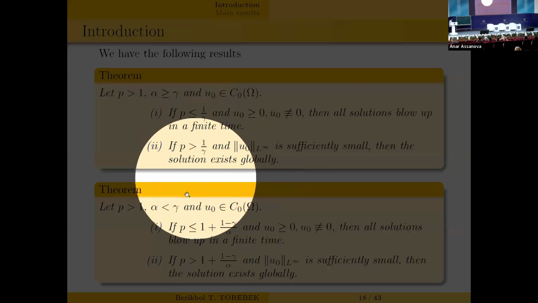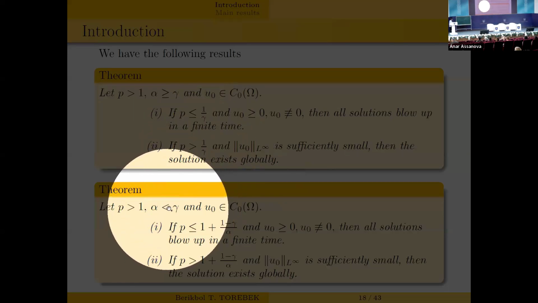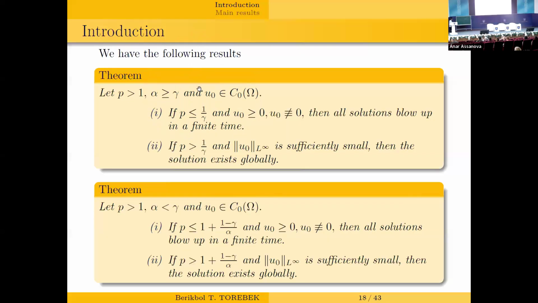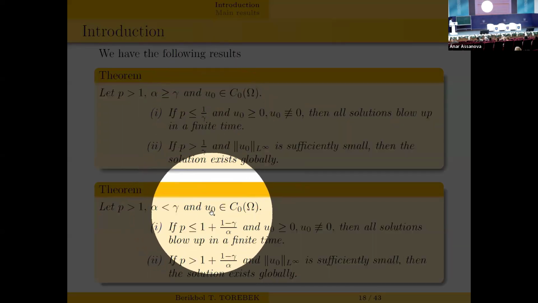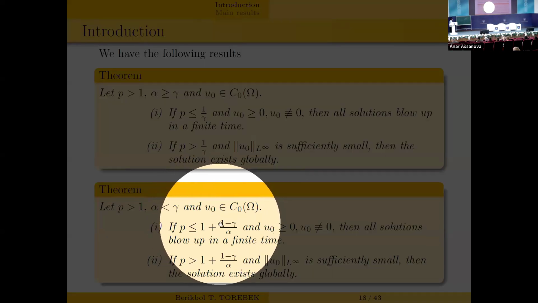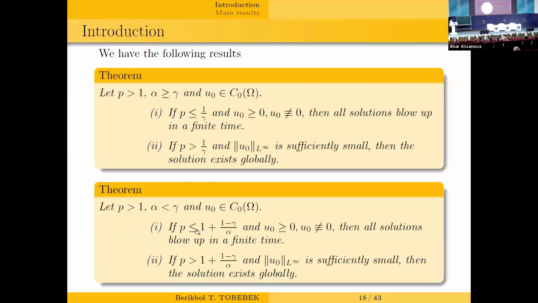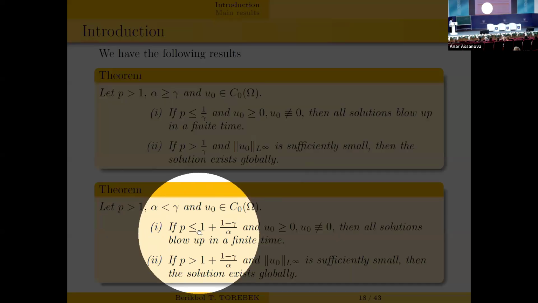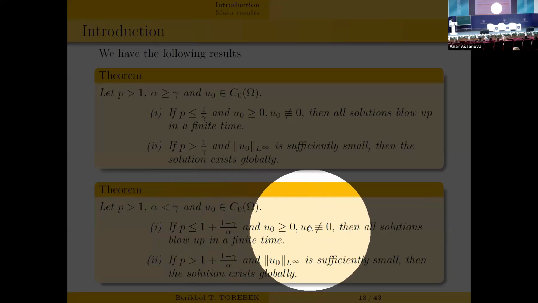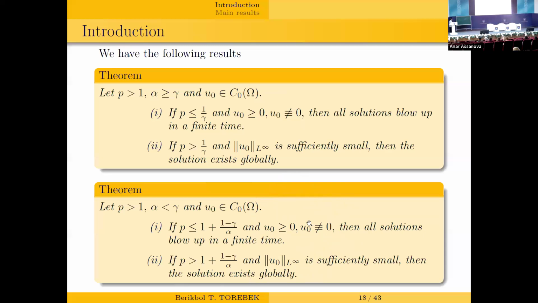And if alpha is less than gamma, and u0 is the same as in this theorem, then there is another exponent that depends on gamma and on alpha. And they suppose that in the subcritical and critical case, for non-negative, non-trivial initial data, the solution of the considered problem blows up in finite time.